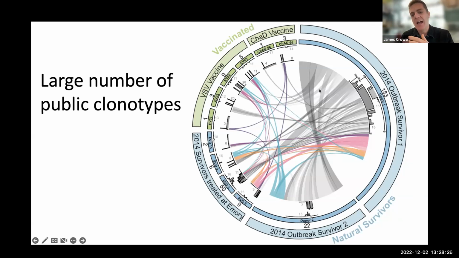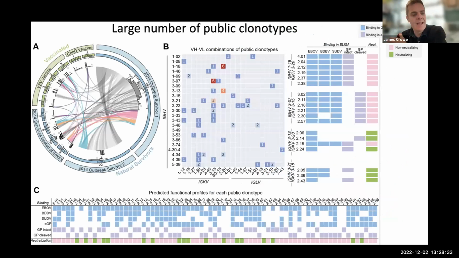So you can see individuals share antibodies between each other, and you can then overlay all the phenotypes of all these public clonotypes. And I don't have time to work through all this, but basically you can see species specific or broad and neutralizing and non-neutralizing in public clonotypes. So there are a lot of shared clones that people make to Ebola that are neutralizing and even broad.